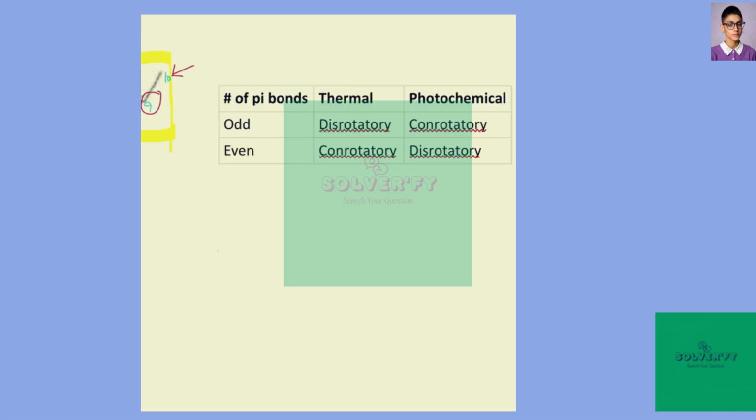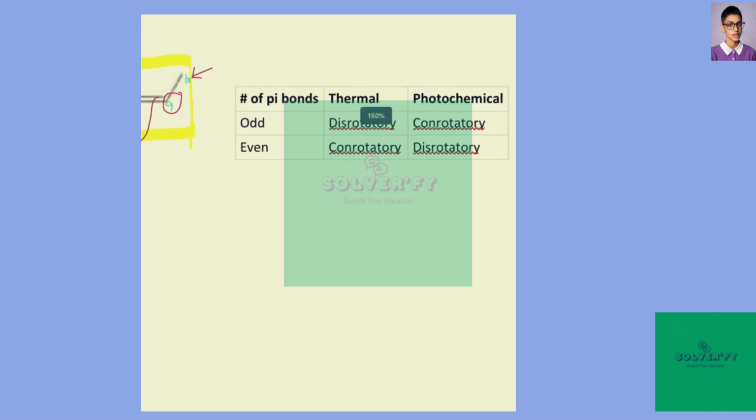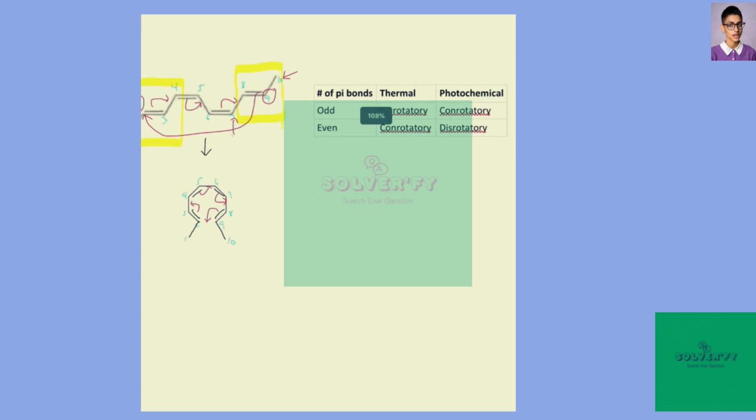So let me slide our page for a while and show you our table. And there's our table. Now this table shows us that what happens to carbons 1 and 10 actually depends on how many pi bonds we have in our structure. So number of pi bonds. Let's go back to our original structure and count them. We have 1 over here, 2, 3, and 4 pi bonds, which means we have an even number of pi bonds.